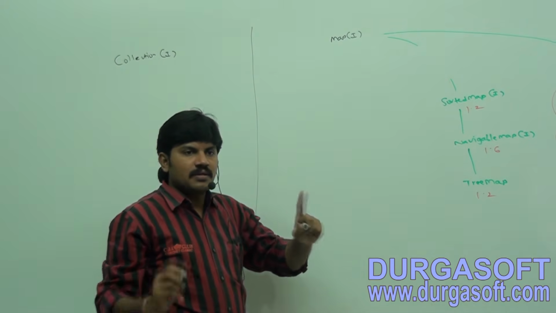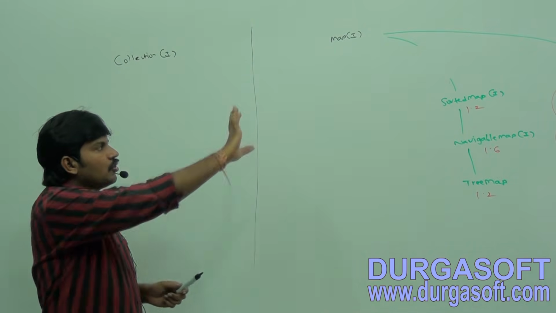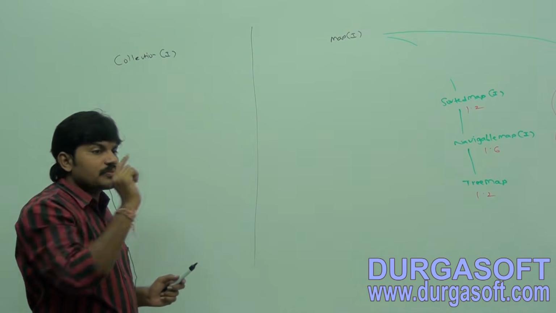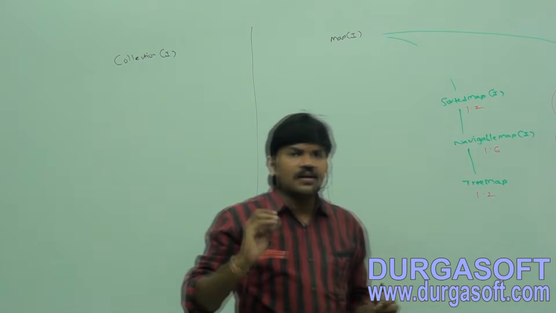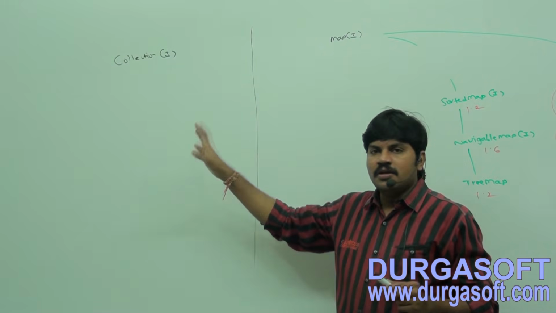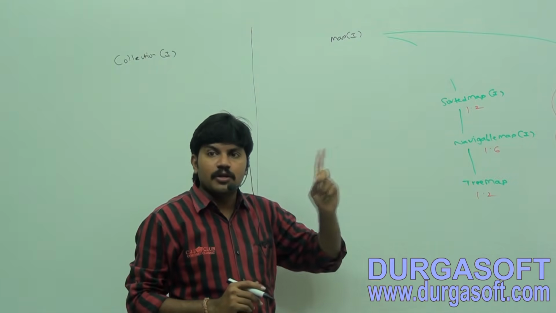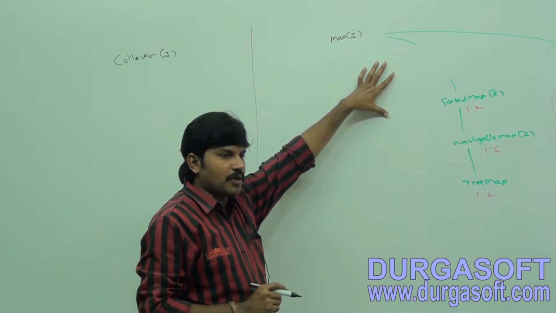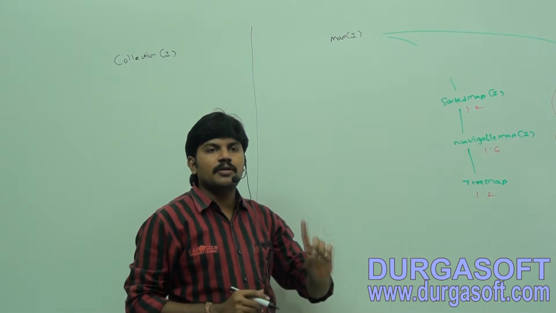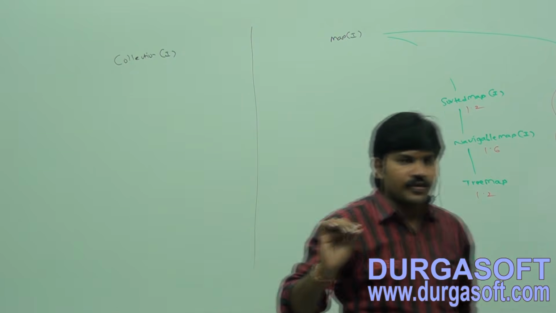Map is not a child interface of Collection, nowhere related to Collection, because Collection talks about a group of individual objects, while Map is a group of objects as key value pairs.